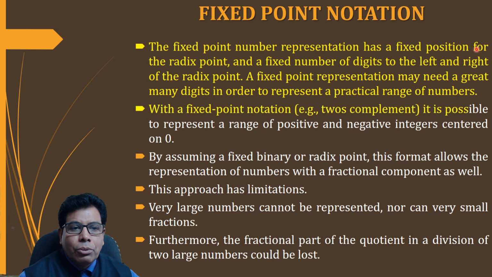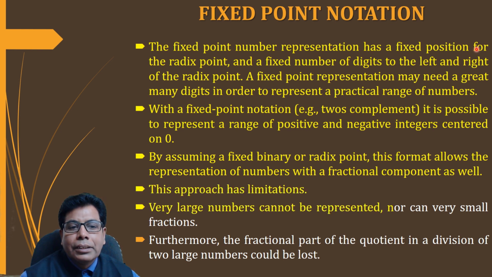With fixed point notation, say for example 2's complement, it is possible to represent a range of positive and negative numbers centered on 0. Then by assuming a fixed radix point, this format allows the representation of numbers with a fractional component as well. But there are limitations.